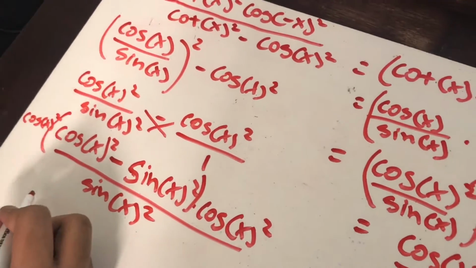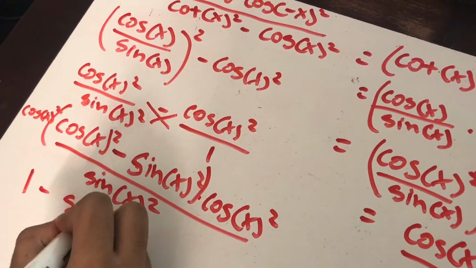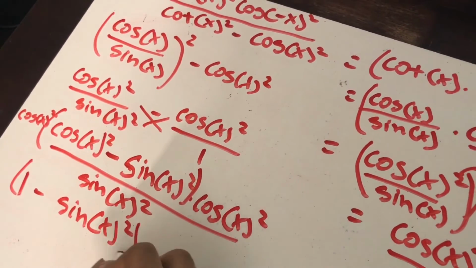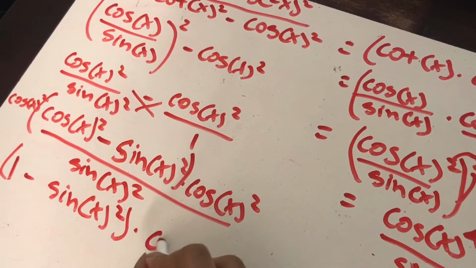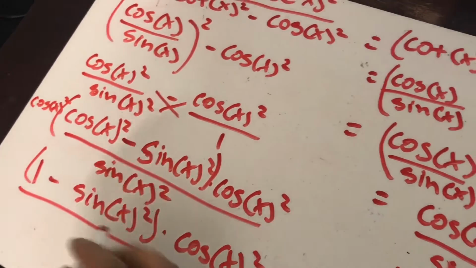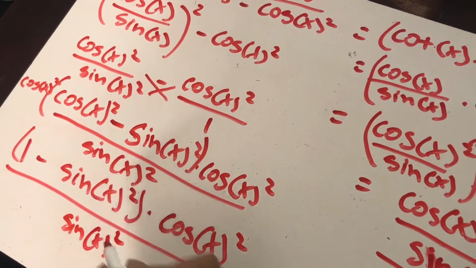which will result in 1 minus sine of x squared, it's going to be in the bracket, and then multiply by cosine of x squared over sine of x squared.